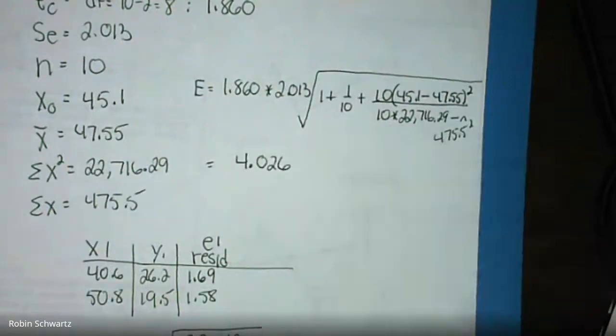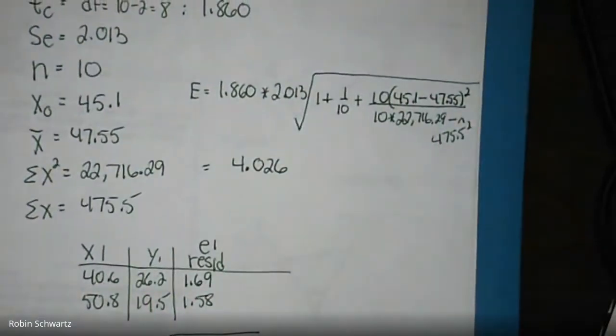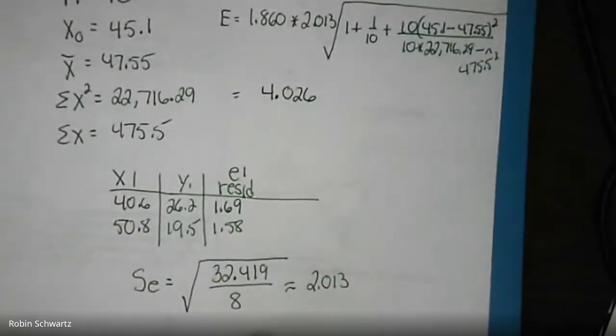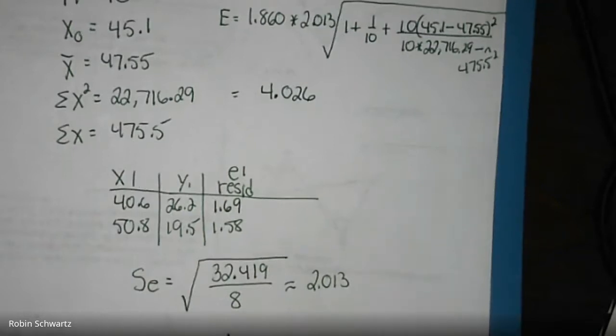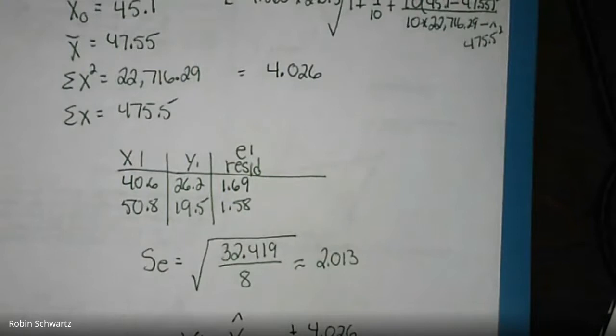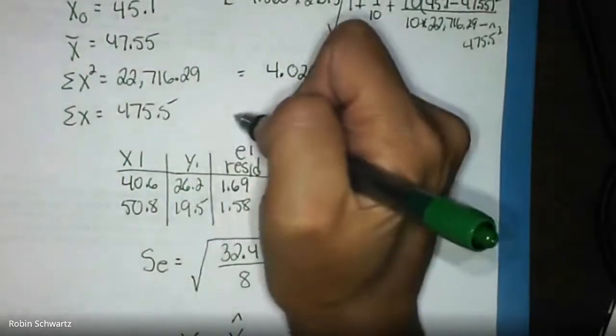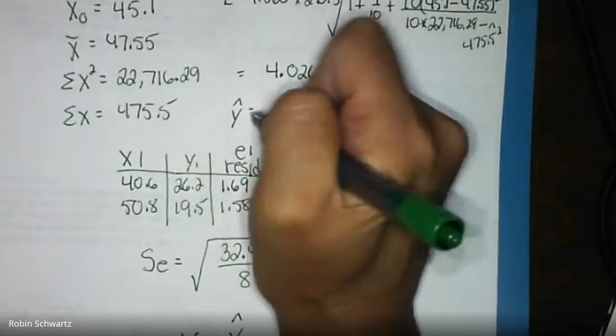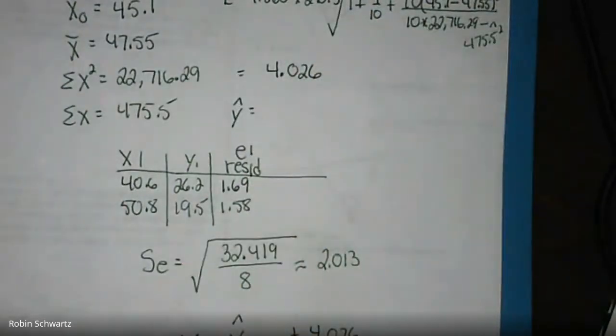4.026. So now to do our prediction interval, we need the y hat value for the 45.01. And then we will be adding and subtracting the 4.026. So to get this, we need the y hat equation, which I didn't write down. Forgot I needed to write it down. Let's go back and see if I have it there. Oh, it's still here.